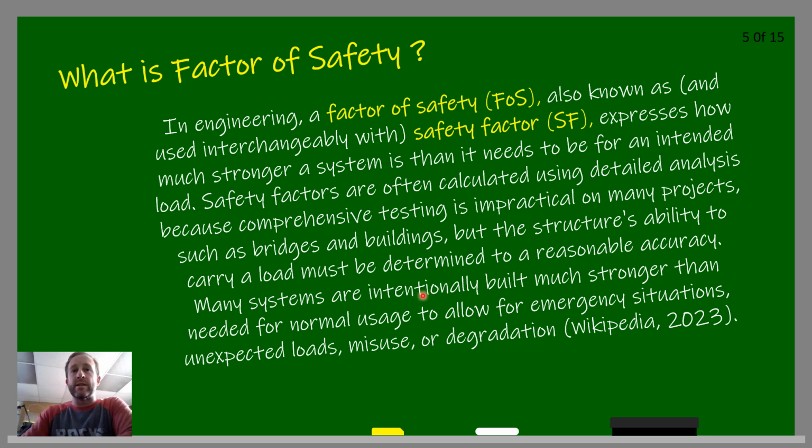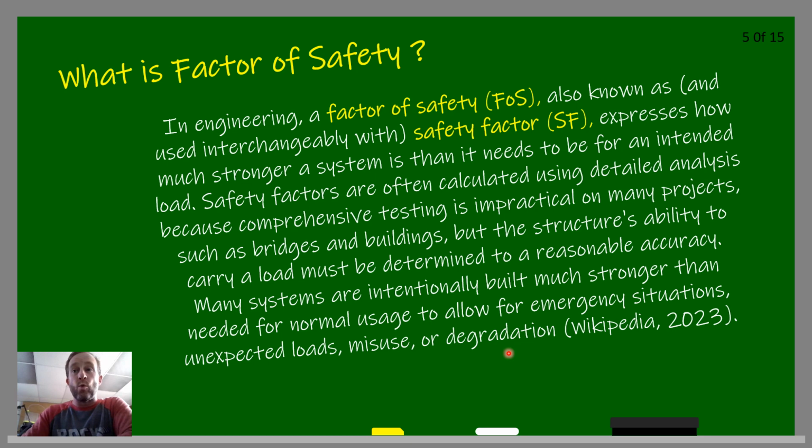Many systems are intentionally built much stronger than needed for normal usage to allow for emergency situations, unexpected loads, misuse, or degradation. Degradation meaning corrosion of materials when things get very old. Now that roller coaster was new, so it couldn't have been degradation.